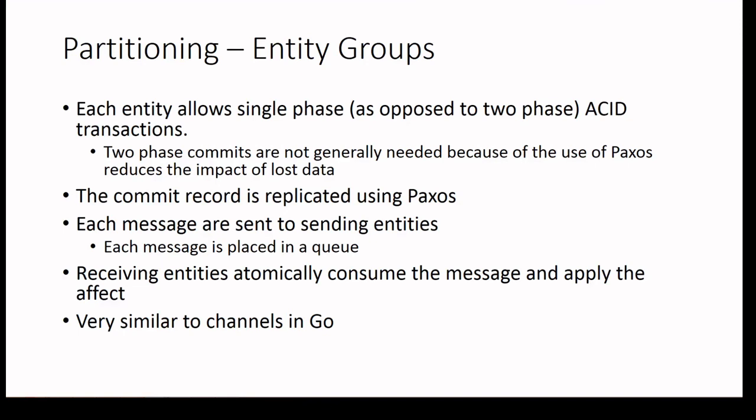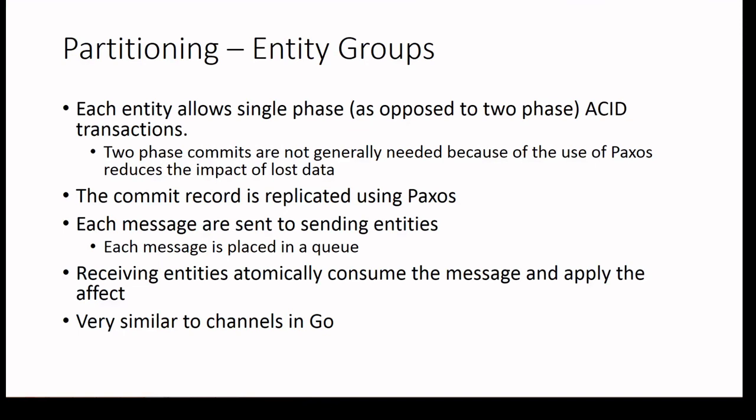A sending entity is attached to an entity group and it sits there and waits until it needs to send a message out. This message is put into a queue and it's processed on a first come first served basis. When the sending entity has the availability, it sends the message out to whoever the target audience is.